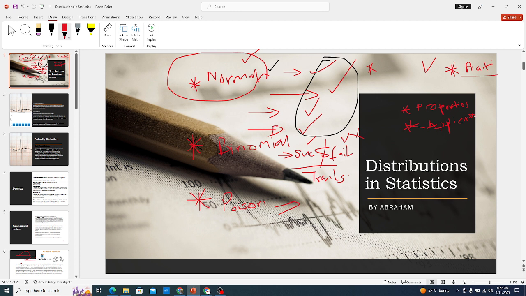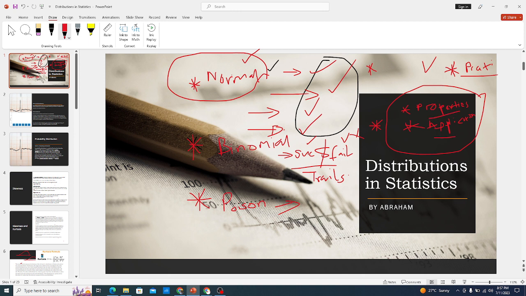Maybe you will be given binomial distribution, Poisson distribution, normal distribution, or Bernoulli distribution. Up to now, after doing the evaluation, they have been testing more of these properties and applications, so it's good to keep this in mind.